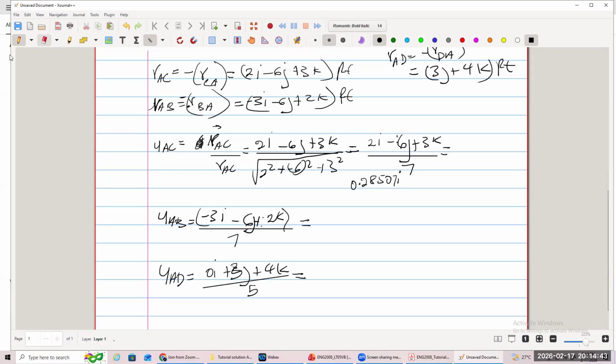Something is wrong right here. So this is supposed to be 7. Yes, sir, okay, thank you. So you could work with that too. Nice. So that is i, it's equal to that. And then the other one is going to be minus 0.8571 j.